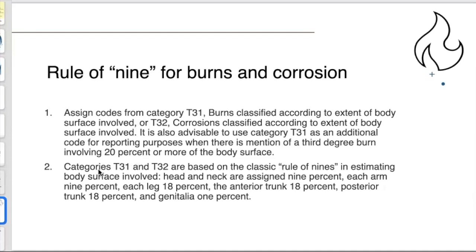Okay, let's read again. Categories T31 and T32 are based on the classic rule of nines. In estimating body surface involved, head and neck are assigned 9%, each arm 9%, each leg 18%, the anterior trunk 18%. So again, guys, T31 and T32 are used following the rule of nine principle.